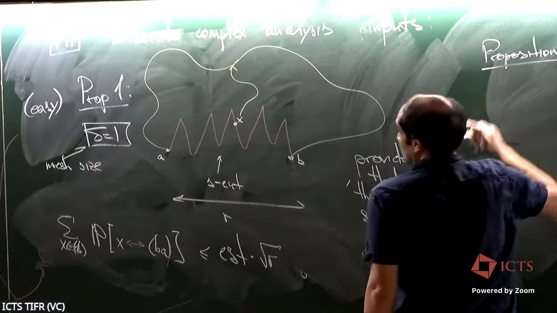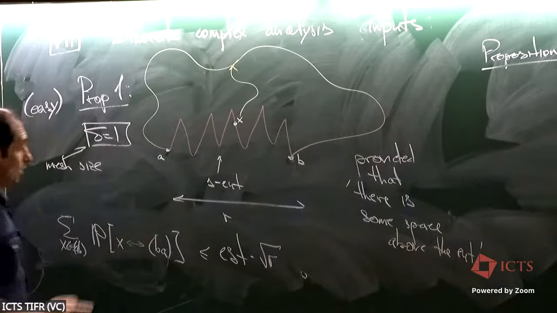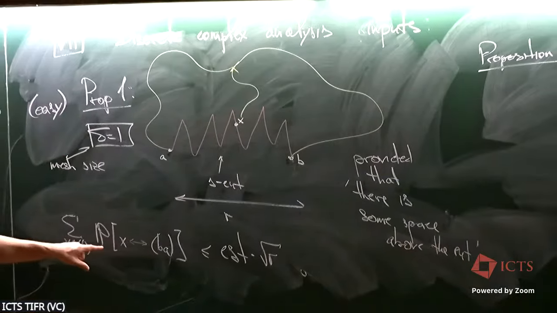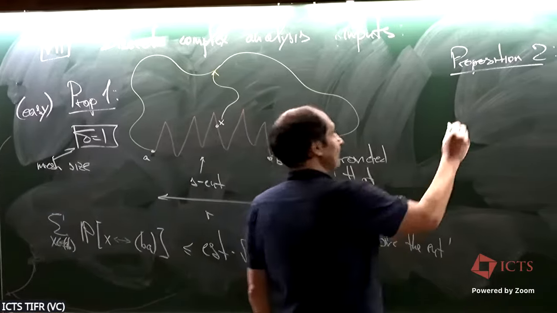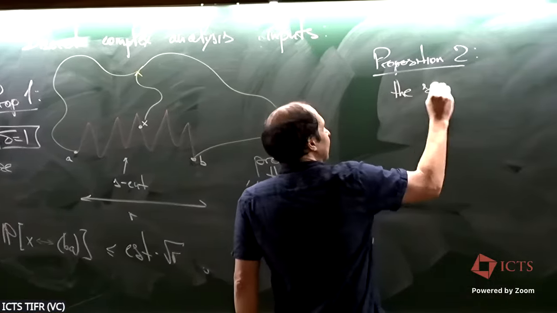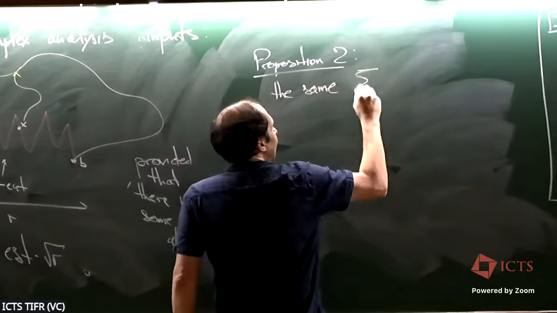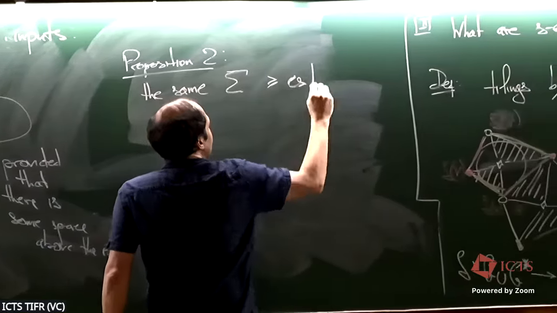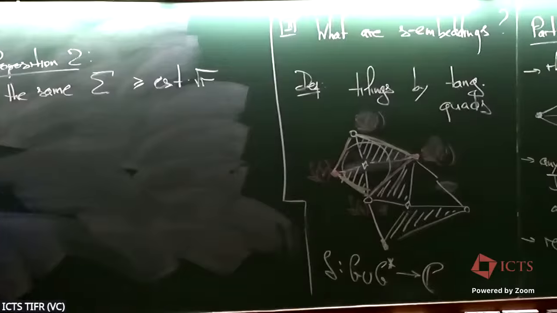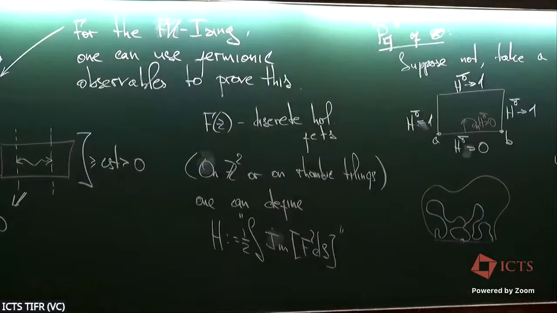And there is a bit harder proposition 2, which says that actually there is a similar lower bound, with, of course, some different constant. And this is just uniformly over all domains.